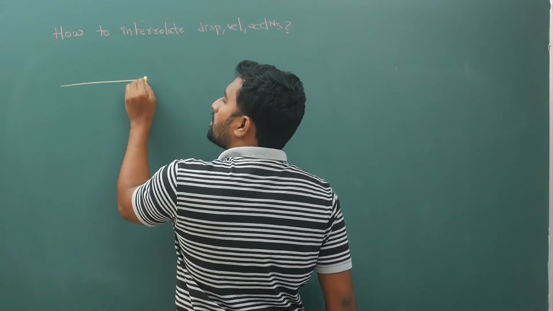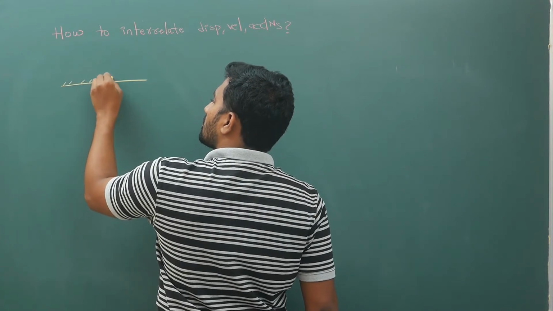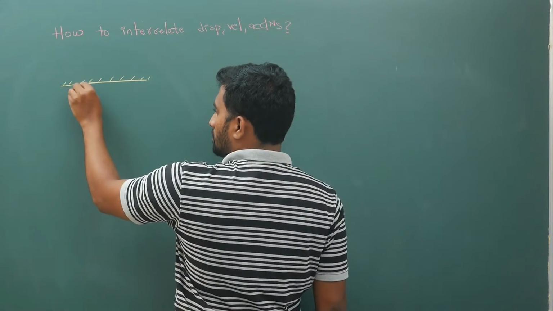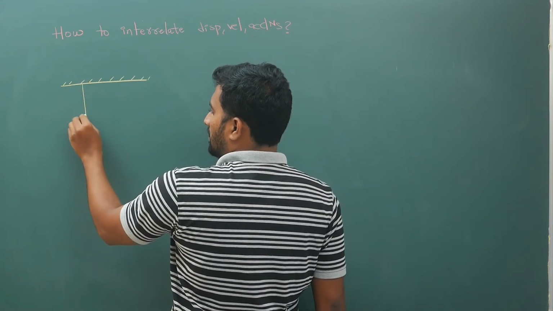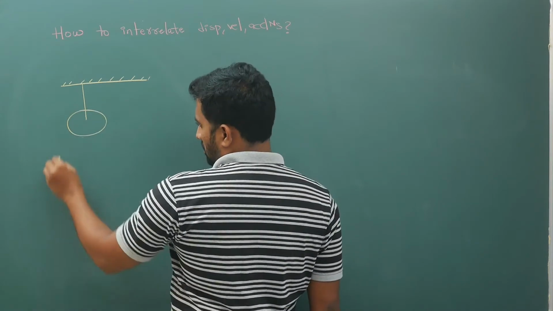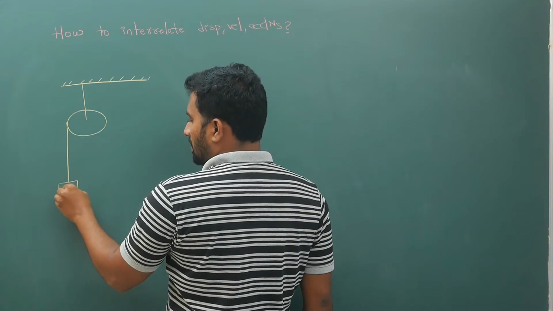So let us say you have the situation here. Let us say there is a pulley attached to this ceiling. Attached to this there is a block of mass m1.